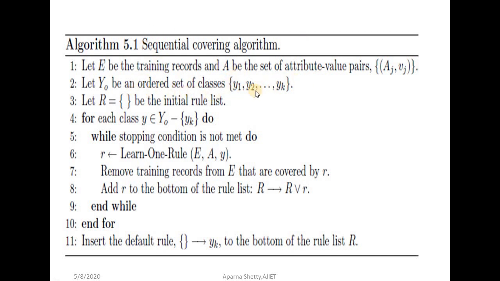Let R equal the empty set be the initial rule set. So initially we will have an empty rule set. Then for each class Y belonging to Y0 to YK, until the stopping condition is met, you have to generate a rule using the learn one rule method.